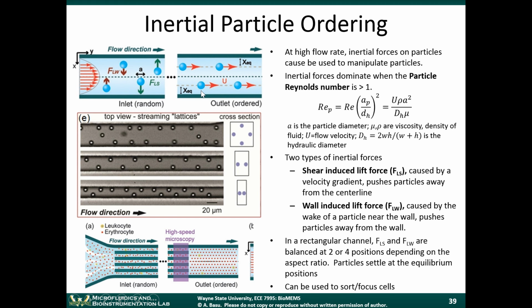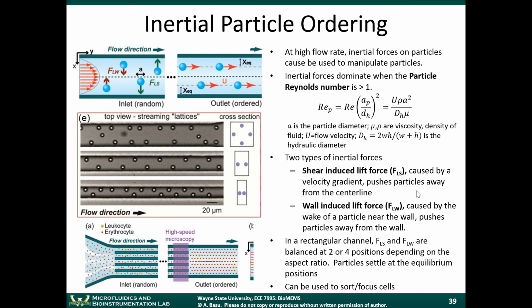In other words, they'll find an equilibrium position. For that equilibrium position, some initial early work was all done in cylindrical channels, and it was found that the equilibrium positions are approximately 0.6 to 0.7 of the channel radius.